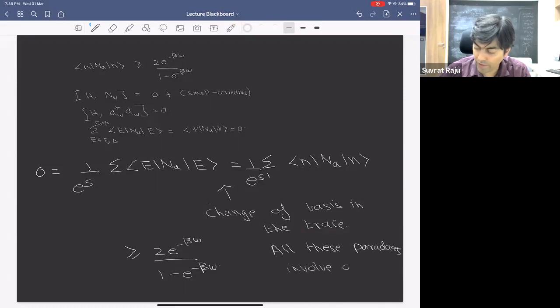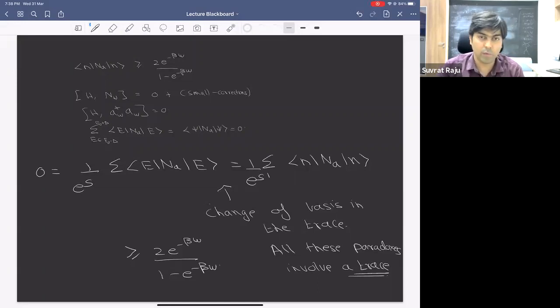So they are always paradoxes about typical states, as I said at the beginning, and that's why they don't apply to atypical states. They may not apply to black holes in our world, but if you want to understand whether AdS CFT works correctly for large AdS black holes, these paradoxes are important. Okay. So now this is what I wanted to say about this.